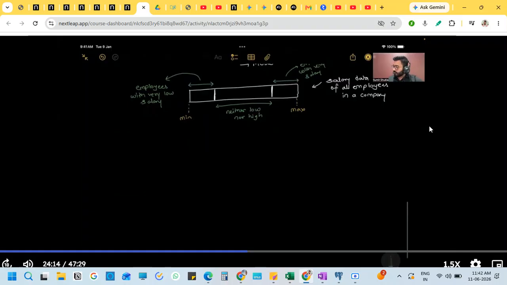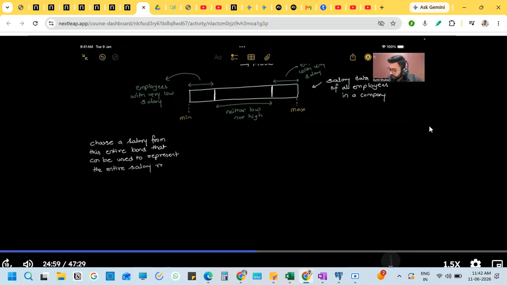Now, if I ask you to choose a salary in this entire range that can be used as a representative of everyone, choose a salary from this entire band that can be used to represent the entire salary range.